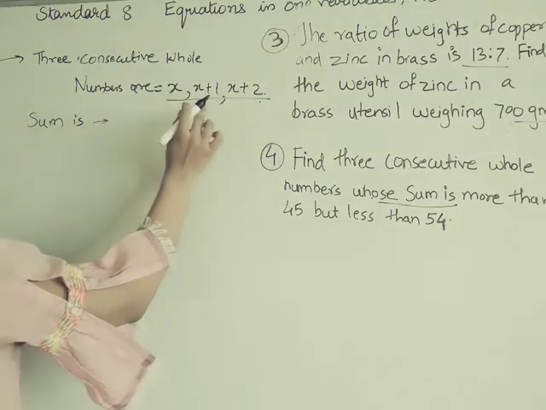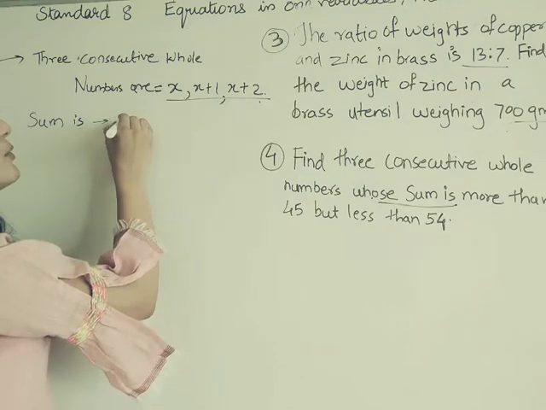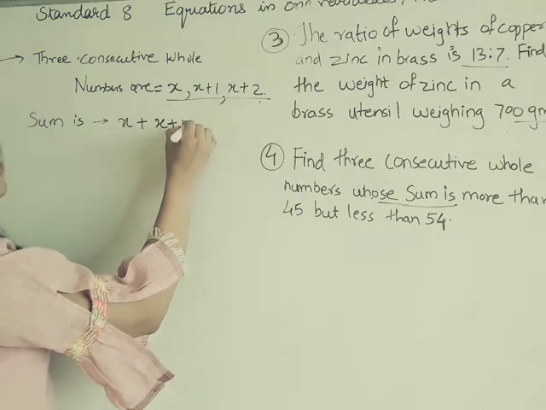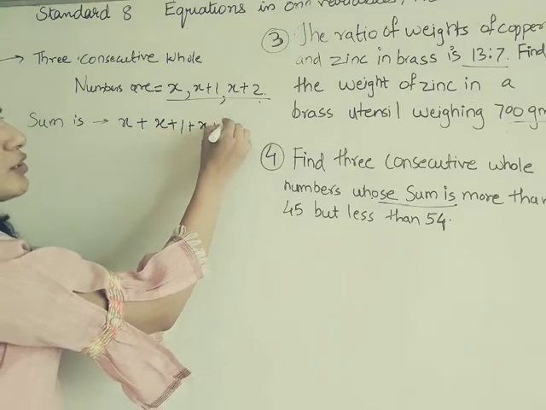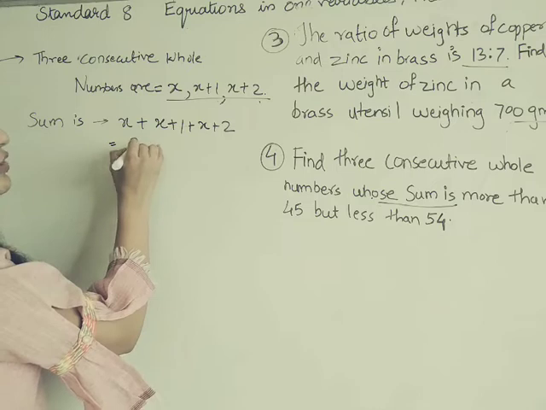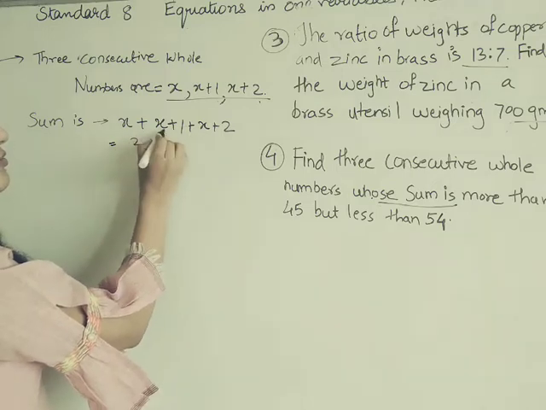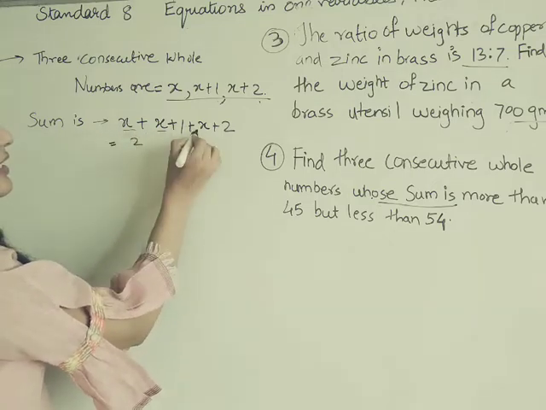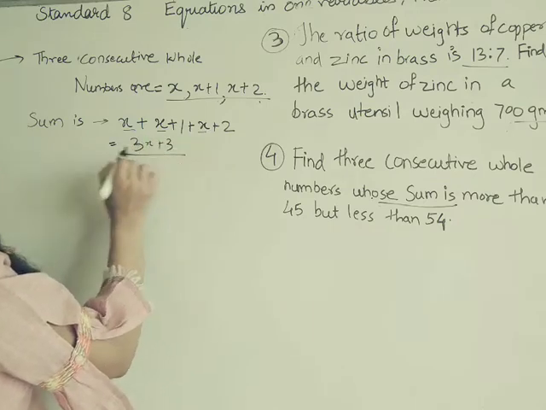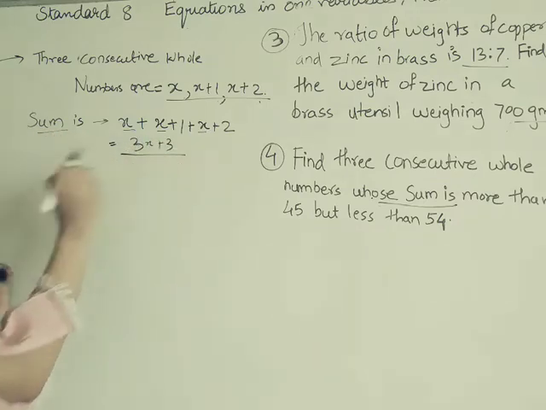So adding these three consecutive numbers, it would be x plus x plus 1 plus x plus 2. So let's add this. It would be 3x plus 3. So the sum is 3x plus 3.